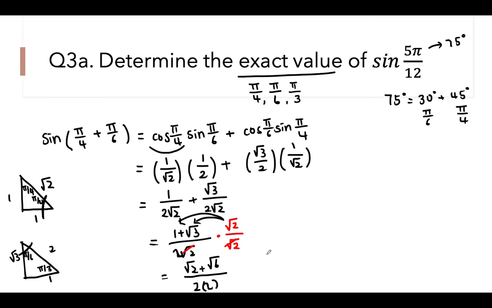So square root 2 times square root 2 is 2. And I could evaluate, it's going to be square root 2 plus square root 6 over 4. And this would be my exact answer of sine 5 pi over 12, without using a calculator.